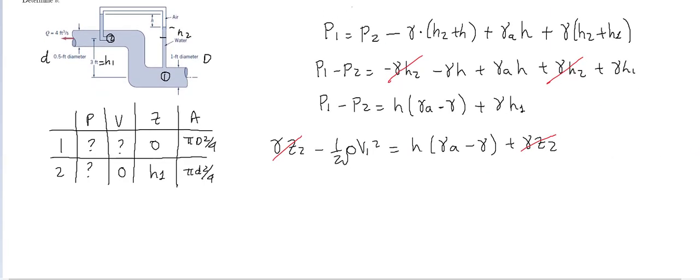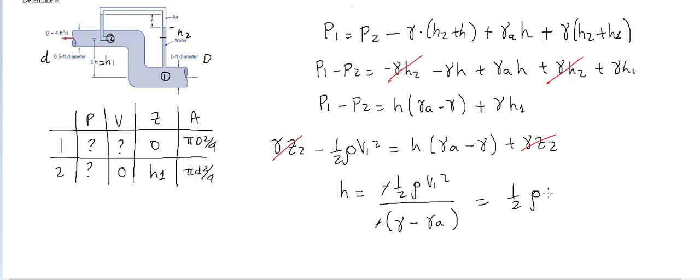Okay, and we're left with our expression for H. H is equal to minus 1/2 rho V1 squared divided by, so we're going to rewrite this. This is going to be negative gamma minus gamma of air, so that this negative and this negative cancel out. So we're left with 1/2 rho V1 squared divided by gamma minus gamma of air. And that is the expression that you're going to get for the value of H.